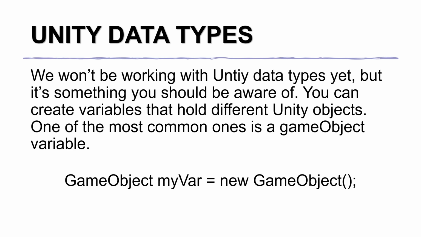If you remember a little bit of the Unity we've done, where we can create an empty game object to store scripts and stuff like that, we can actually have a variable in our script that holds game objects. So that's going to be the most common one that we're going to deal with. So just be aware of that. And you'll see this coming up eventually when we get into more Unity-centric projects. So we would just declare it as a game object data type.